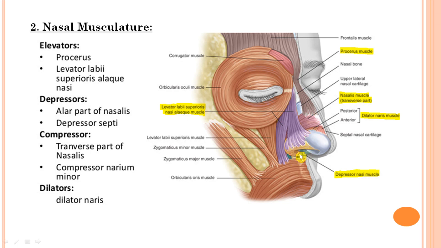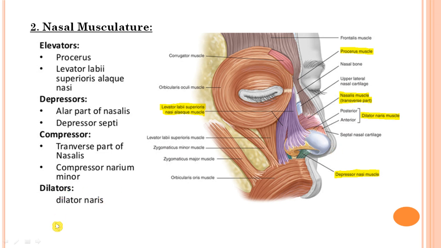So these two muscles, the depressor septi nasi as well as the alar part of the nasalis, will cause the depression of the nose. Then there are some compressor muscles which compress the nose. So the transverse part of the nasalis muscle will cause the compression of the nose. Moreover, the compressor naris minor, that's quite a difficult name, is not shown here, I guess.